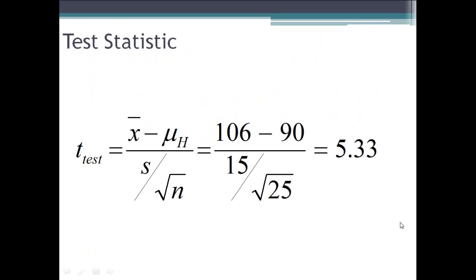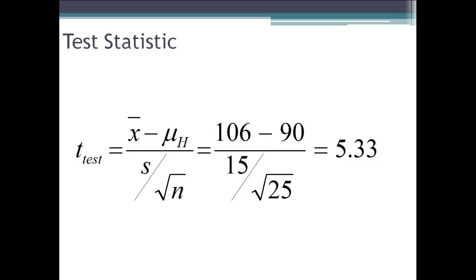Okay, I'm going to compute the test statistic here. That is the statistic minus the hypothesized parameter over the standard error. X bar was 106, the hypothesized mean was 90, sample standard deviation 15 divided by the square root of the sample size. That gives us 5.33.